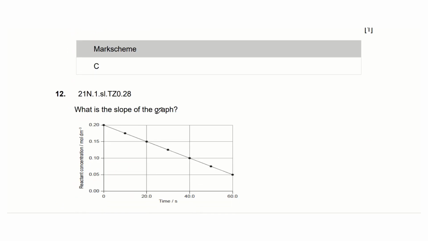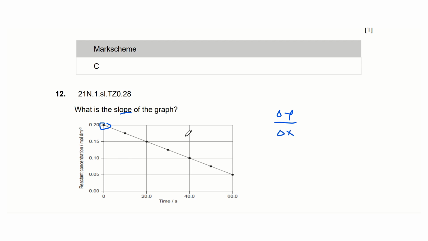Next question is a very typical question. It's asking me for the slope of the graph. The easiest way you can do that is to try to find an x-coordinate and an x-intercept or a y-intercept. So I can clearly see that here I have a y-intercept, so I would take this point, and remember with the slope, to find the slope, I need the change in y over the change in x.